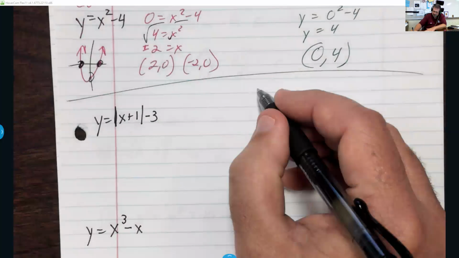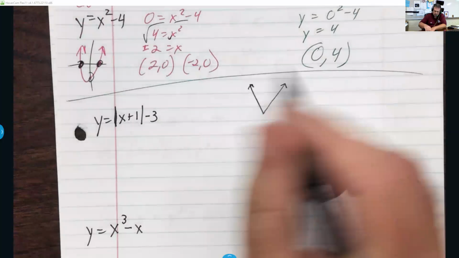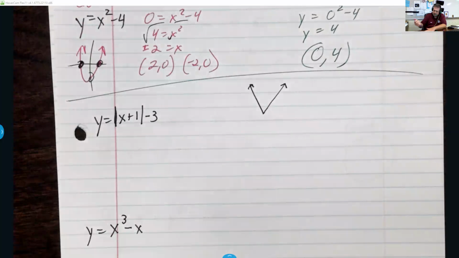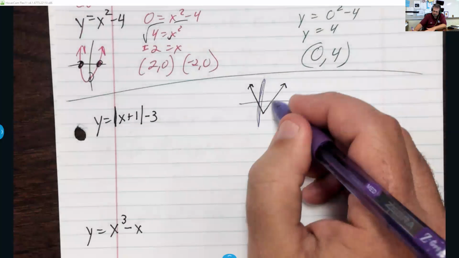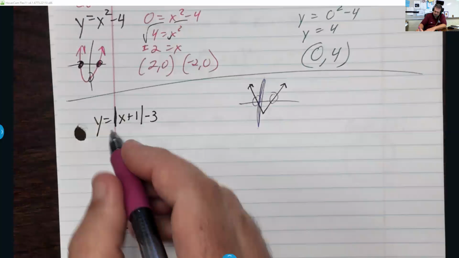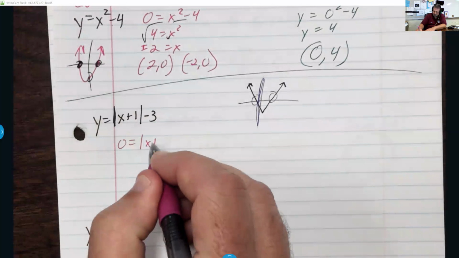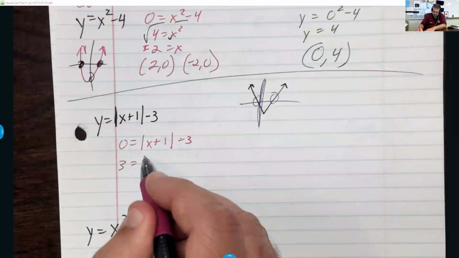An absolute value function is a V, which, if I put any type of function here, notice you can have up to 2 x-intercepts. All right, so follow our rule. 0 for y. So this would be 0 is equal to the absolute value of x plus 1 minus 3. Move the 3 over.